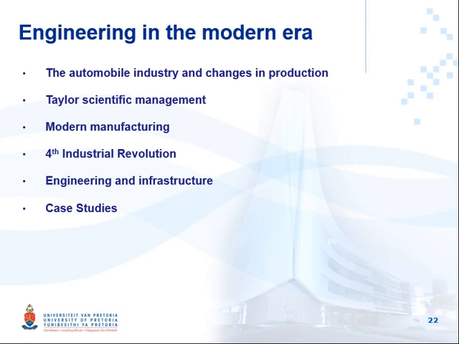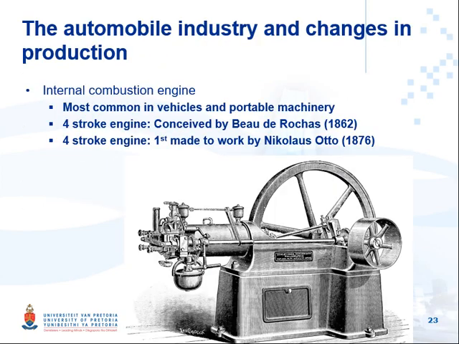We are going to talk about Taylor's scientific management and modern manufacturing, the fourth industrial revolution. We are also going to talk about engineering and infrastructure, and we end this section and today's lecture with two case studies.